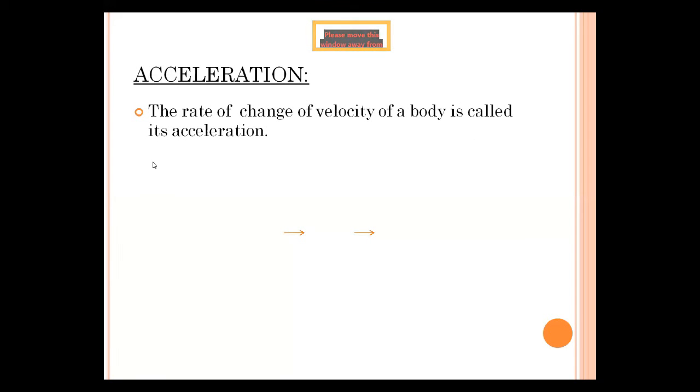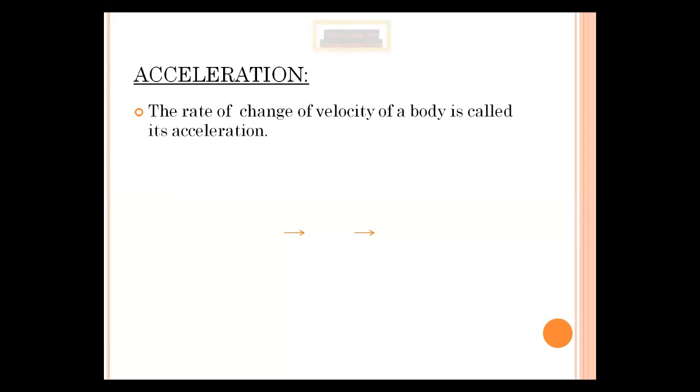It means that when we start an object moving, there are two velocities: the first is the initial, and the second is the final. From where the body starts, that is the initial velocity, and when it acquires some speed, that becomes the final velocity.